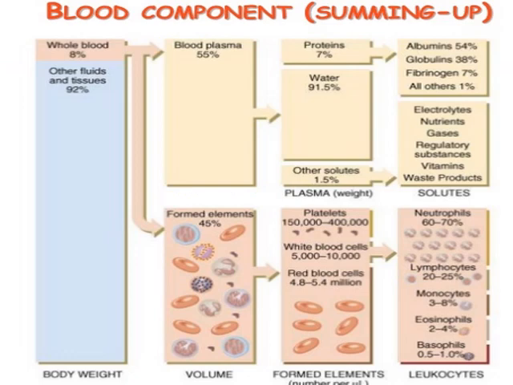Now here is the summary: whole blood is about 8% of body weight. Out of this, plasma is 55% and formed elements are 45%. Plasma is made up of mainly water, plasma proteins, and other solutes like electrolytes, nutrients, gases, vitamins and waste products.